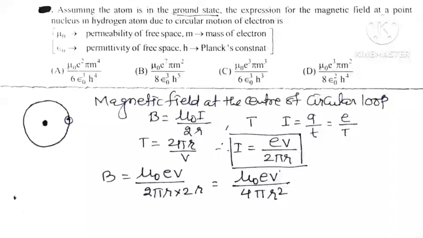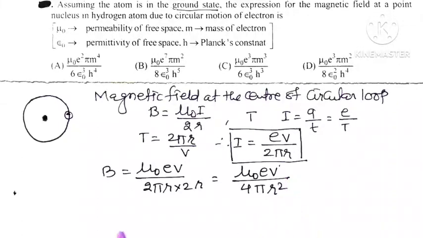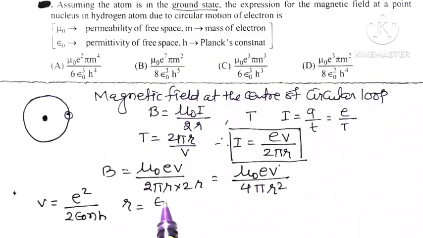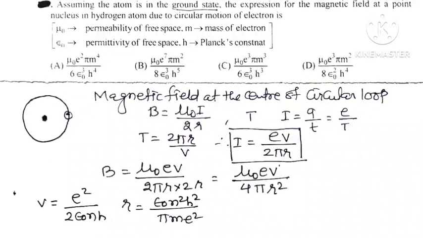Now we know the velocity of the electron in orbit is given by E square upon 2 epsilon 0 nh, and the radius of the nth Bohr orbit is epsilon 0 n square h square divided by pi me square.